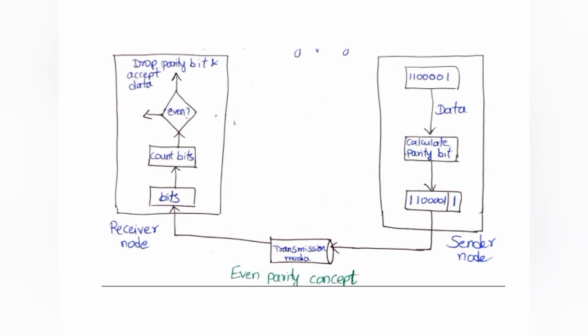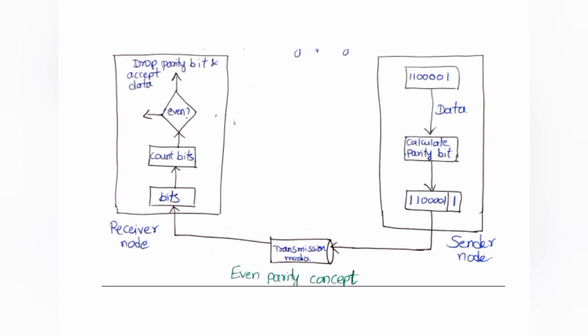So we have to add one redundant bit, that is 1, to the given message, such that it follows the even parity concept. Suppose the same message were following the odd parity concept, then we should not add anything. We would add only a 0 to the given message if we are following the odd parity concept.